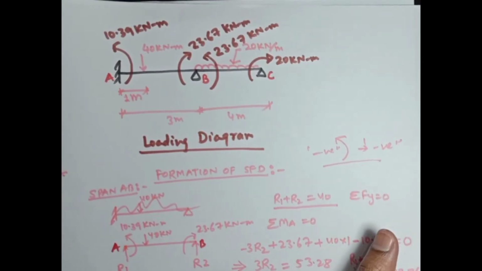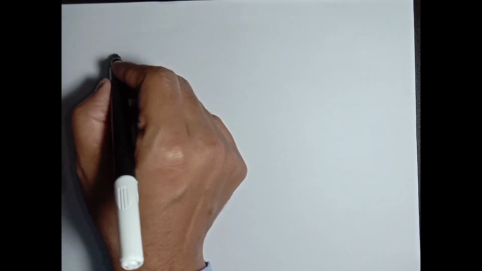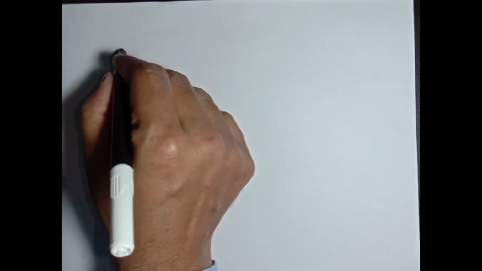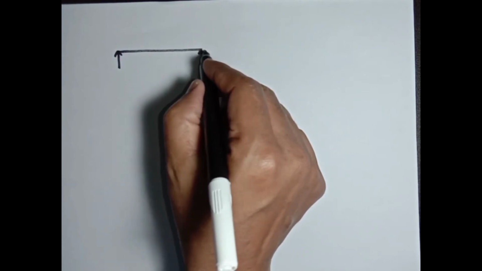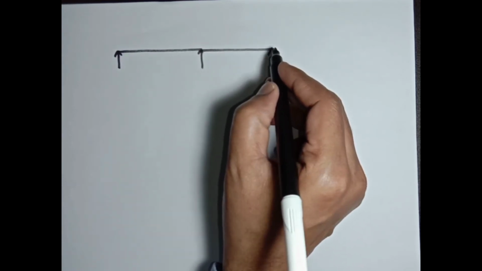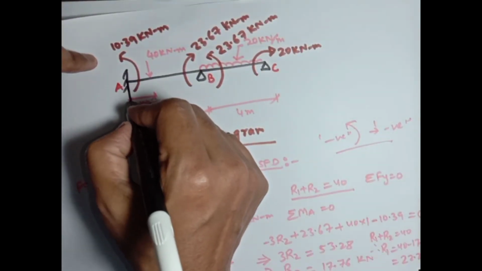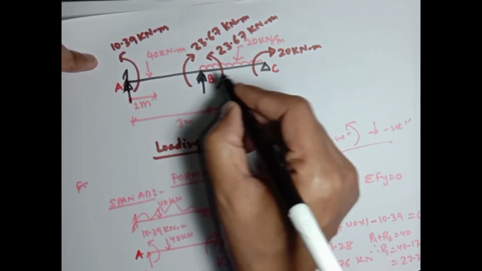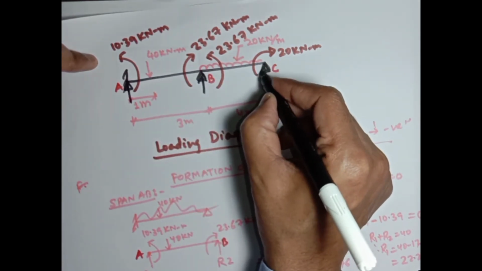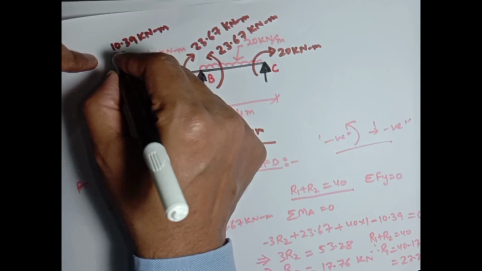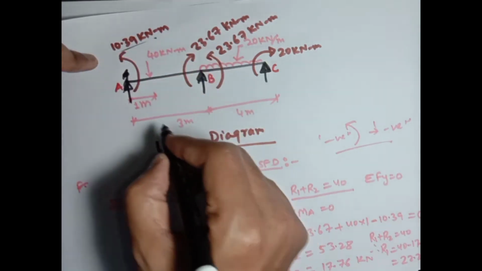Here the loading diagram will be the same. I am writing here. This is the beam. The loading diagram will be in this way, because we have used the fixed moment, so we are removing the fixed support here.